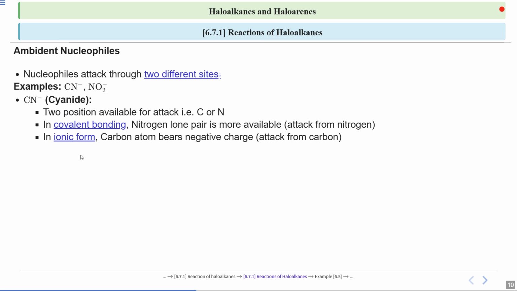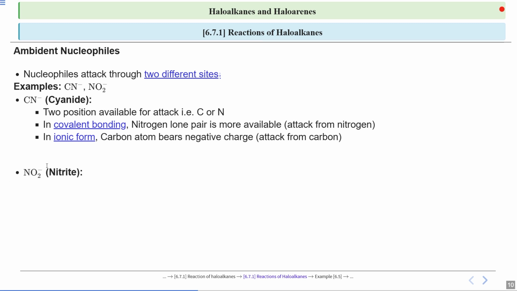Okay, so the negative charge which is localized on the carbon is going to result in the carbon-carbon bond formed with the substrate alkyl group, and it is stronger than the carbon-nitrogen bond. Okay, so in haloalkanes we will prefer the carbon-carbon bond over the carbon-nitrogen bond.